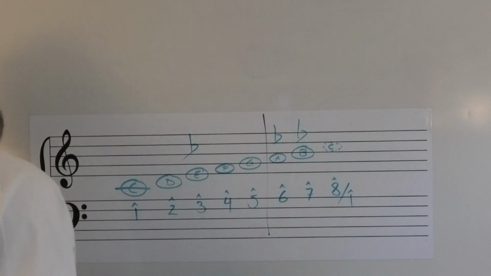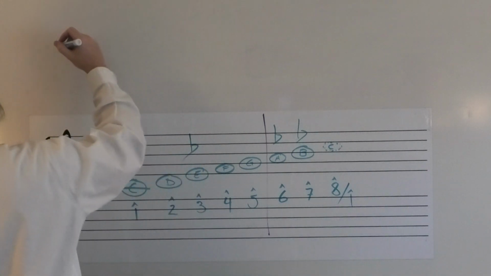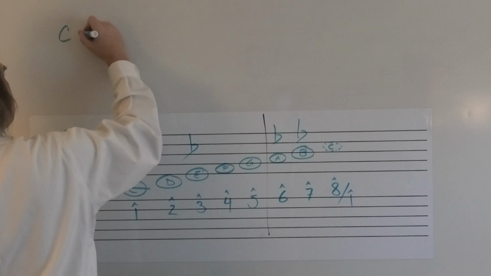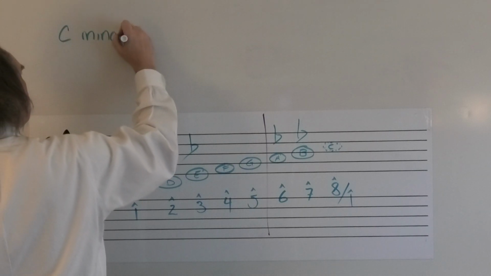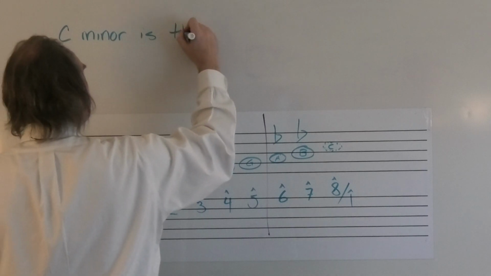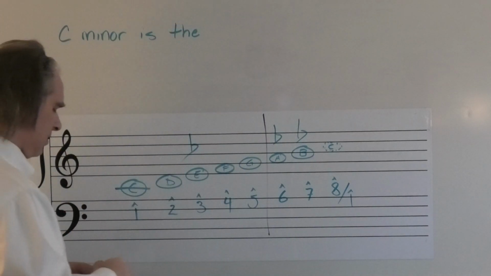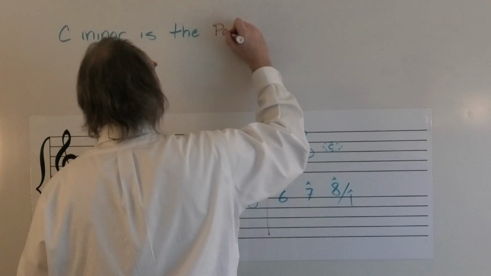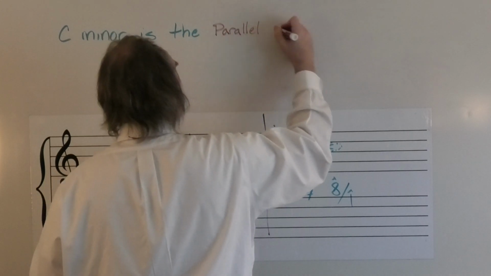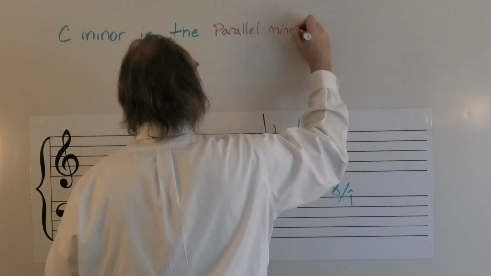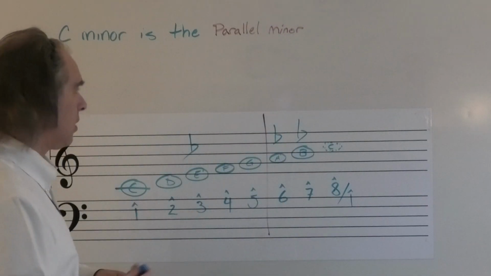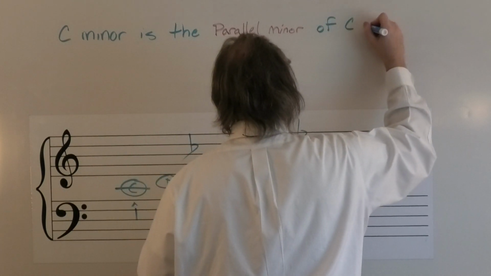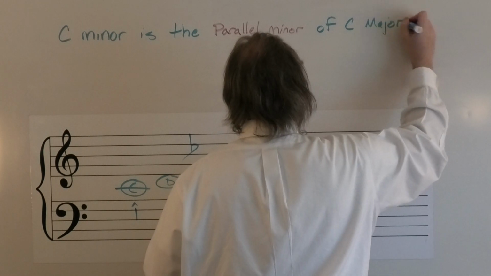We'll write it like this. C minor is the parallel minor of C major.